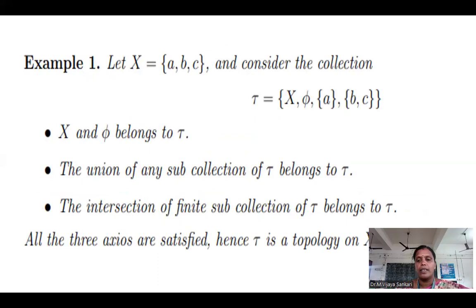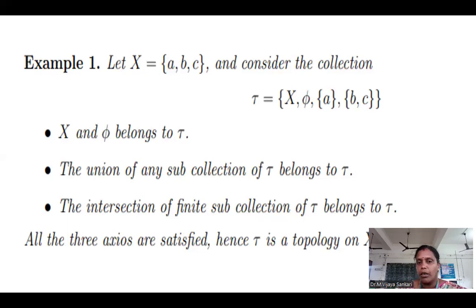Next we see an example of a topological space. Let capital X equal the set {a, b, c} and consider the collection tau equal to the set of X, empty set, singleton set {a}, and {b, c}. We say that tau is a topology, since tau contains X and empty set.